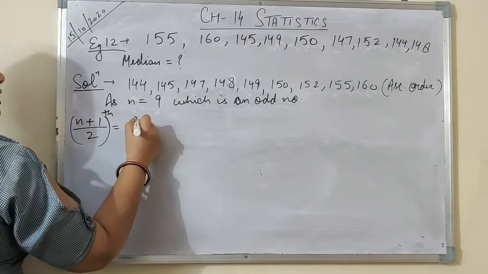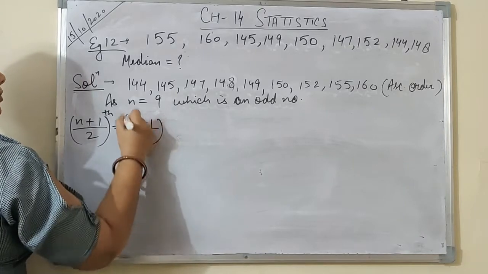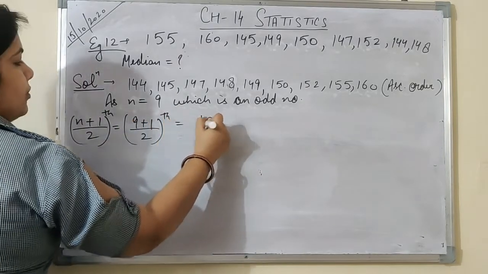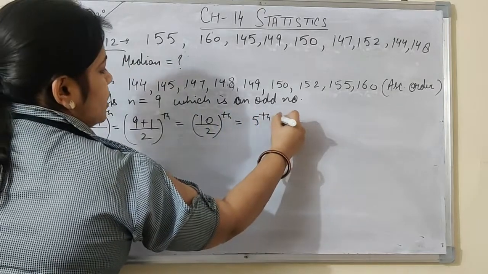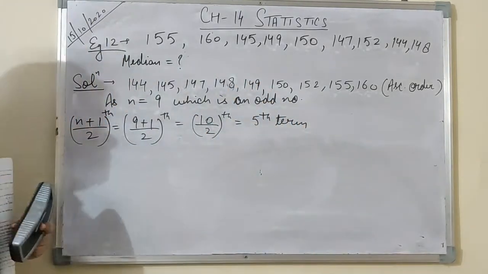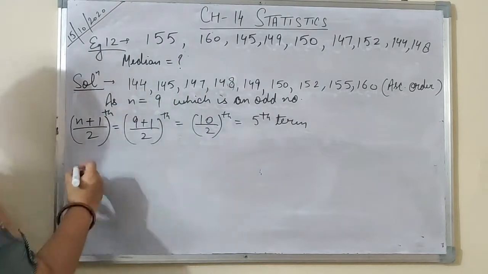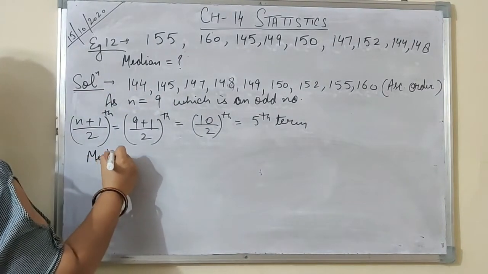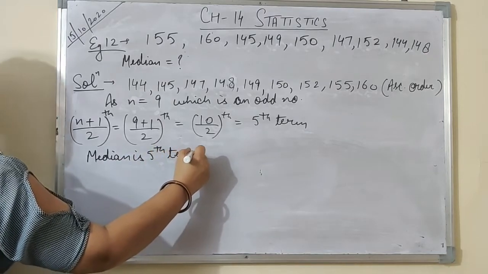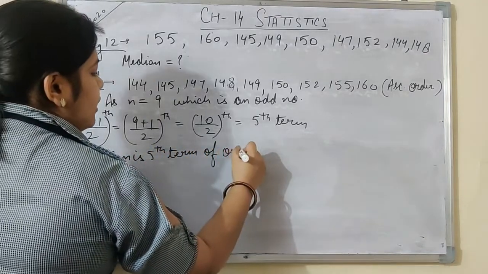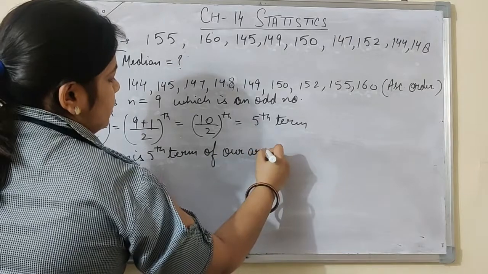So 9 plus 1 upon 2, that is 10 upon 2, that is the 5th term. Whatever the 5th term is in our given data will be your median. So the median is the fifth term of our arranged data.